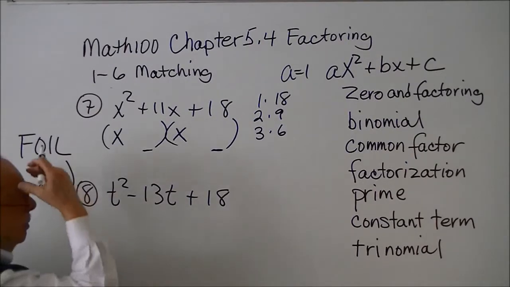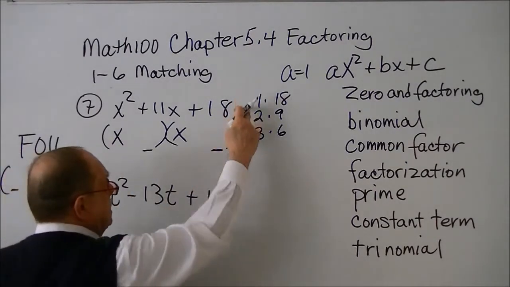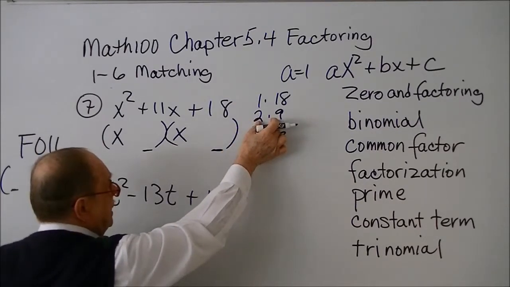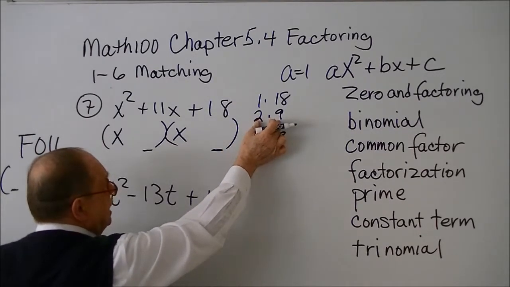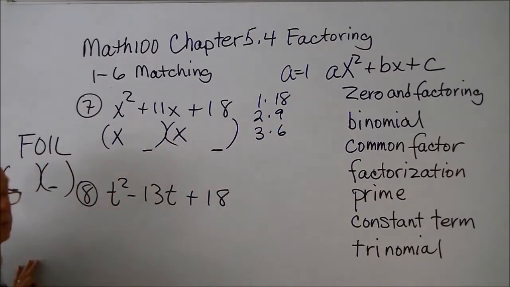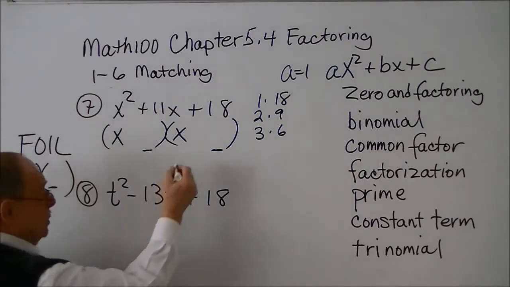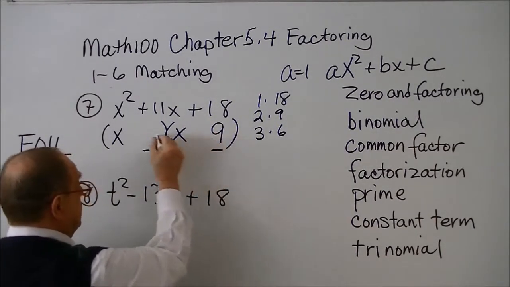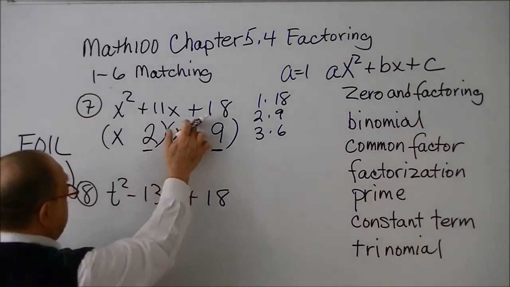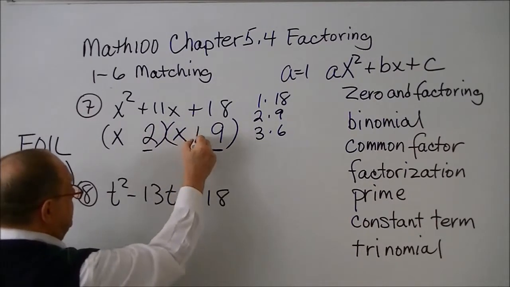And as we go over these in our mind, when I put the 2 and the 9 down there, I realized if I added them together, they would add up to 11. So we're going to try a 9 and a 2 there. And we're going to look at our signs. They're all positive.